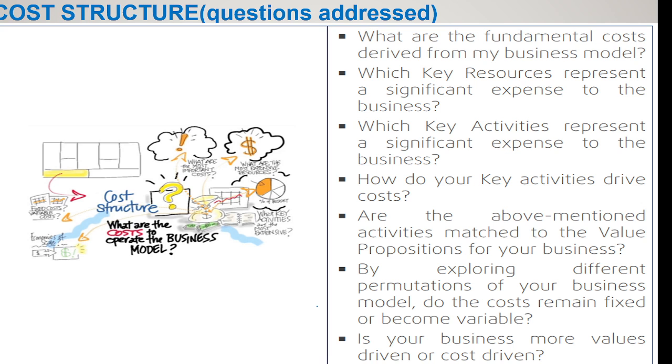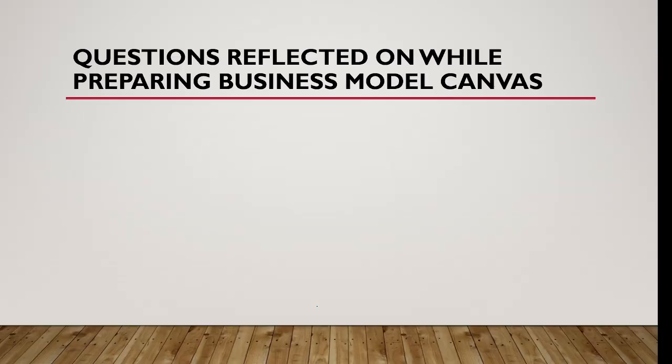What are the fundamental costs derived from my business model? Which key resource represents a significant expense to the business? All these are the questions to address when analyzing the cost and setting up the expenses to be incurred by the business.